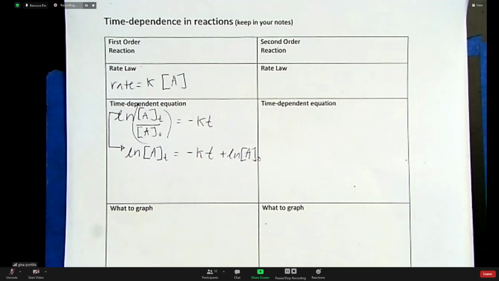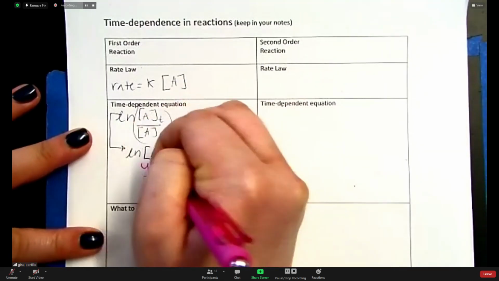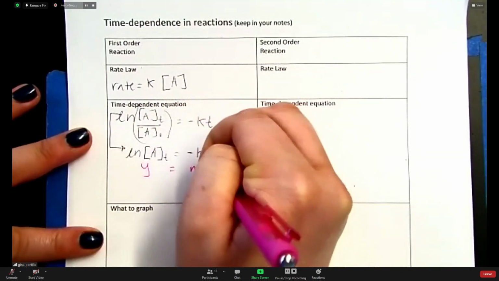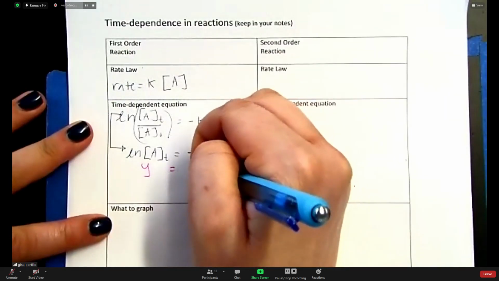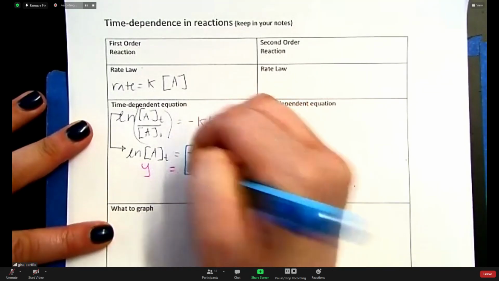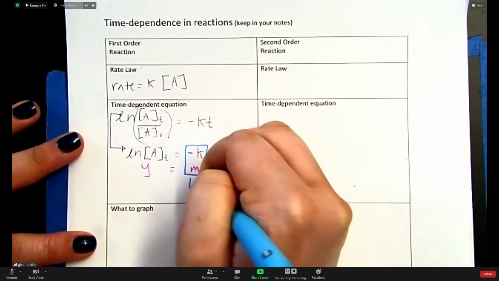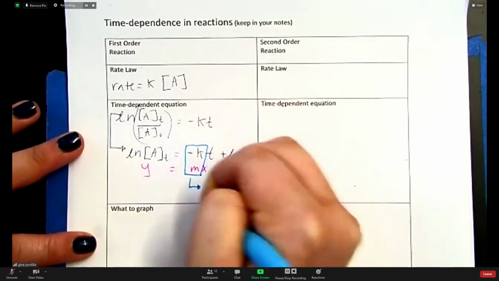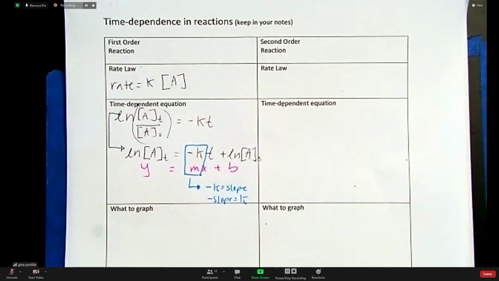So now we're in what we love in the lab, the y equals mx plus b form. And our slope is equal to negative k. Negative k is your slope, so negative slope is k. So you can solve for your rate law constant in your graph.